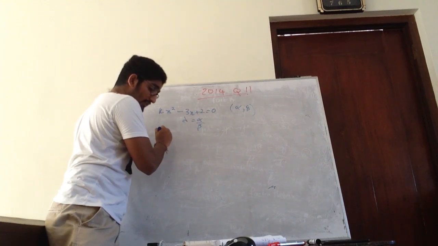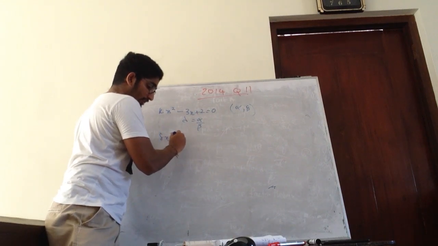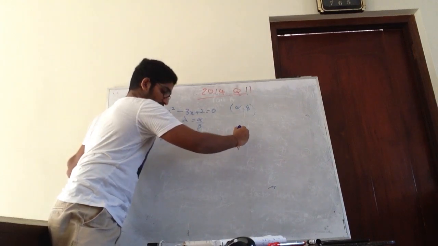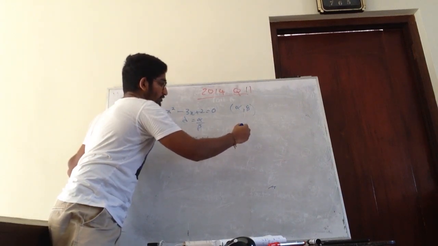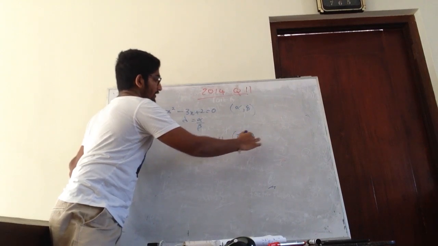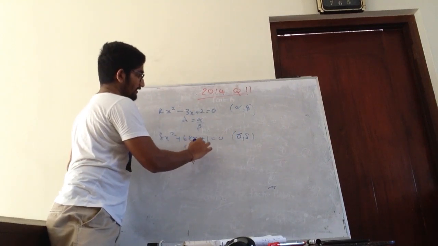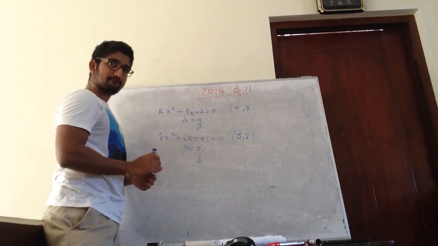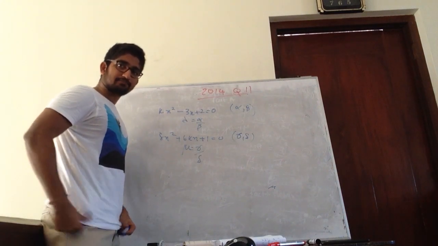So then there's another thing, 8x square plus 6kx plus 1 is equal to 0. So let's assume the roots are gamma delta and the ratio is mu. Now what are they saying?